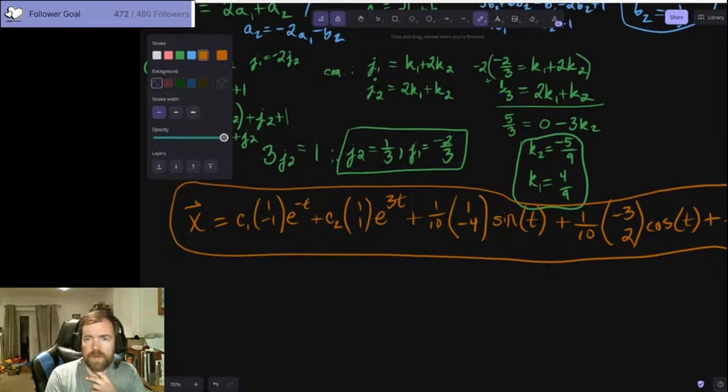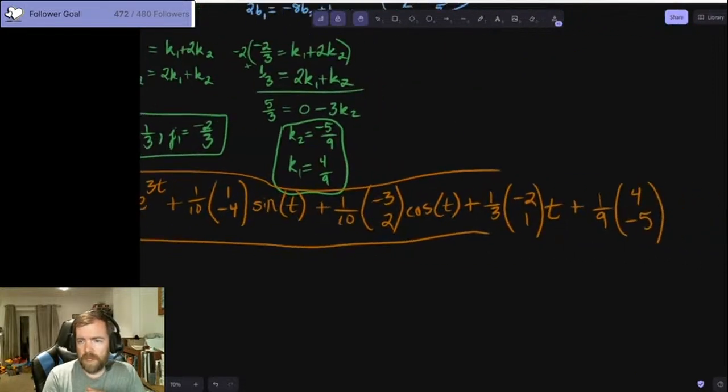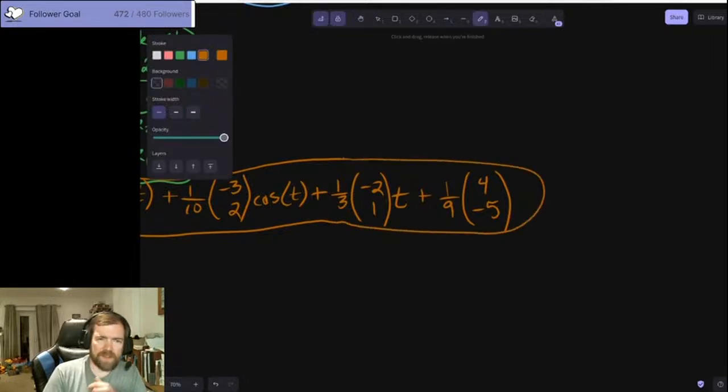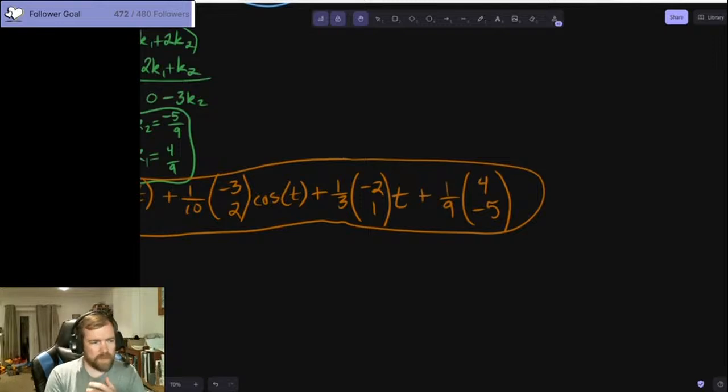And again, here we did use the method of undetermined coefficients. It makes it a little bit easier to work with. We could have used matrix stuff, but again, at this point it's getting really kind of ugly to work with all the little things that are in every individual term.